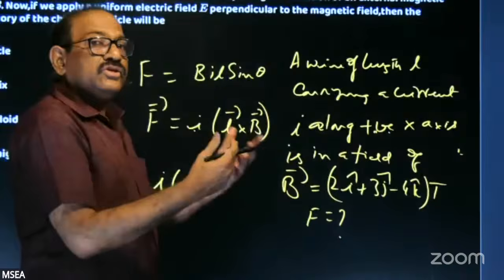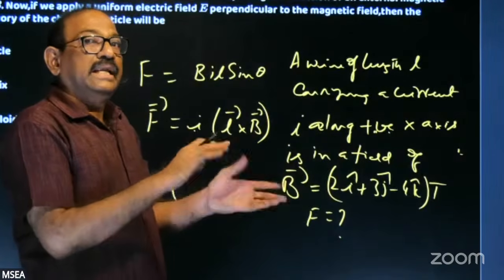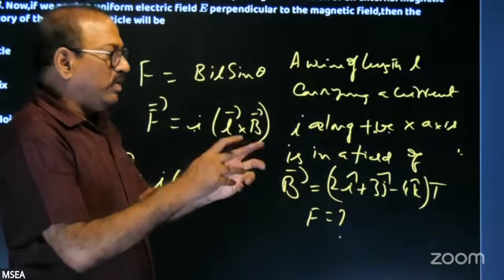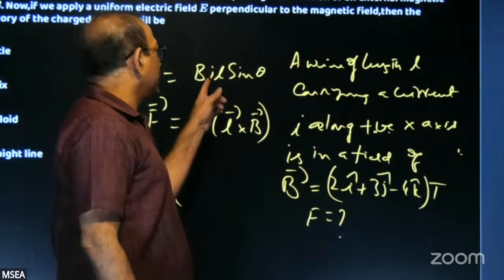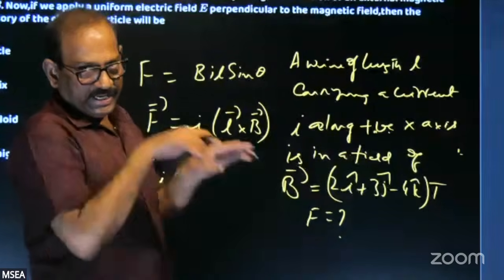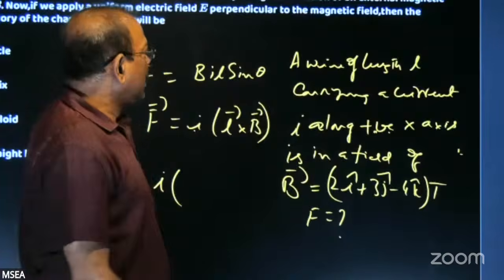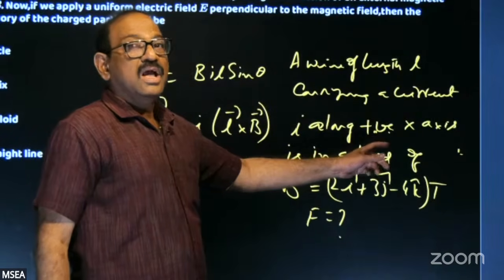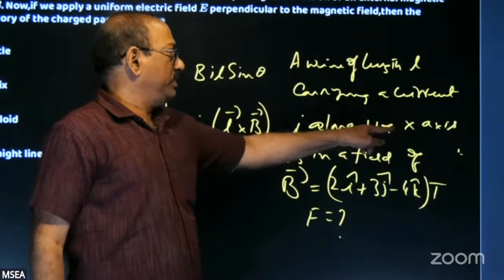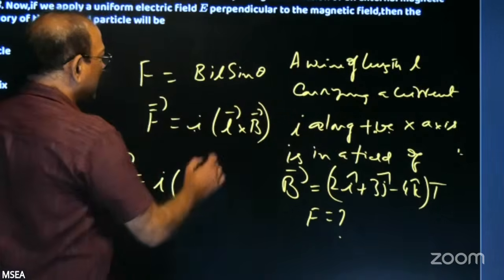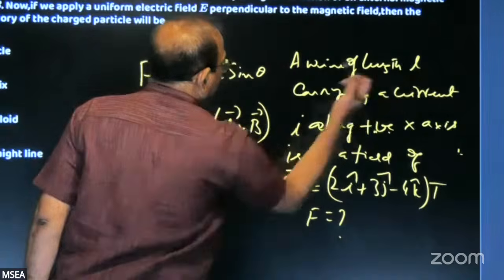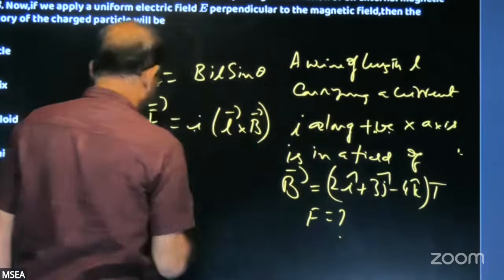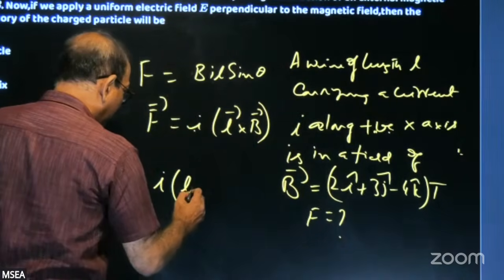Then what is the direction of that length vector? Length vector direction is the current direction only. Current direction here is along the positive x-axis, so L bar direction also is along the positive x-axis. Length magnitude L is given.